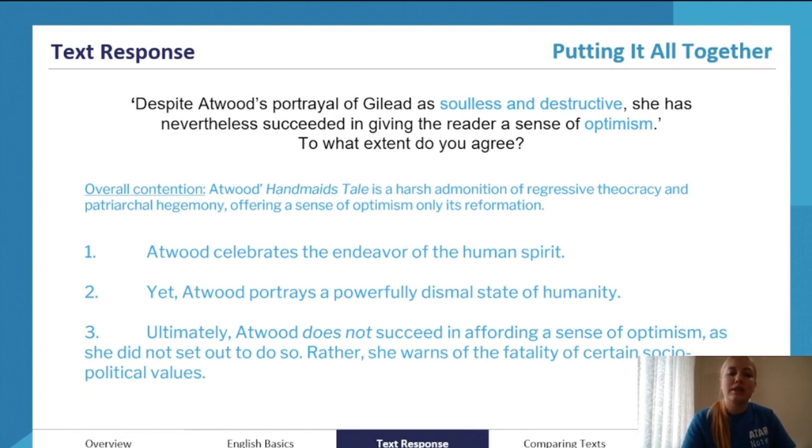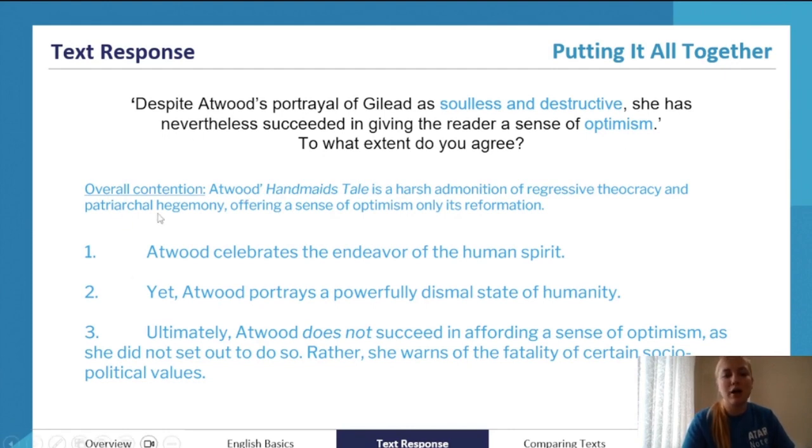So let's then make an essay plan. Let's say our overall contention will be that Atwood's Handmaid's Tale is a harsh admonition or critique of regressive theocracy and patriarchal hegemony, offering a sense of optimism only in its reformation. So it includes our main argument, and that's basically that we do agree Gilead is soulless and destructive, and that's a male character.